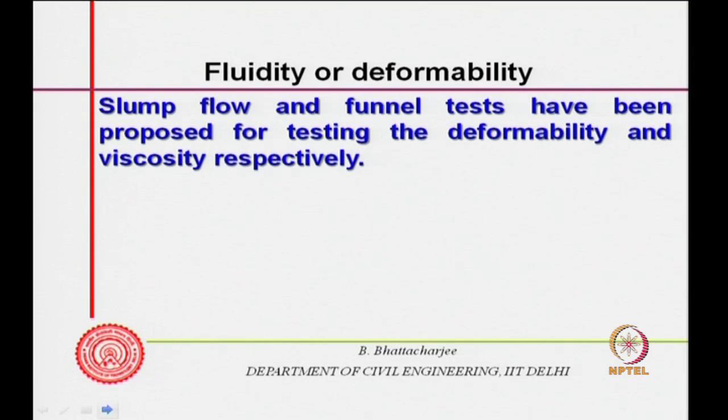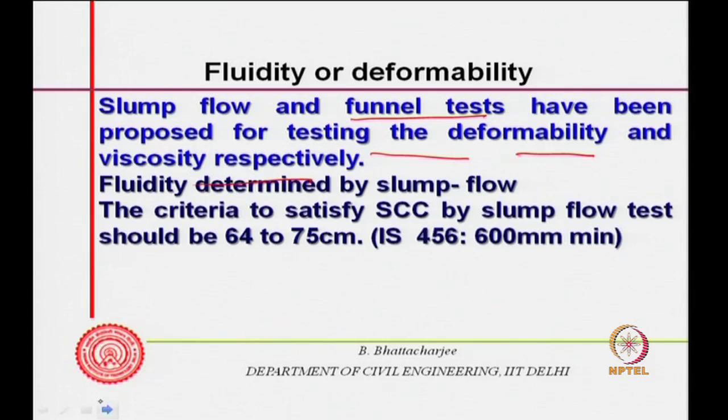This test gives us self compactability, but slump flow gives us fluidity and deformability. Two other tests, one is the slump flow test, the other is the funnel test, have been proposed for testing deformability and viscosity respectively. Fluidity is determined by slump flow.